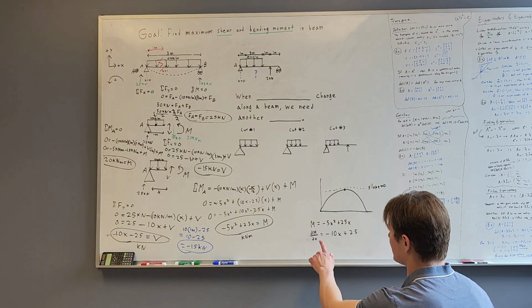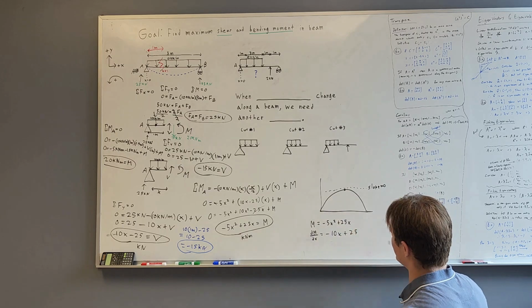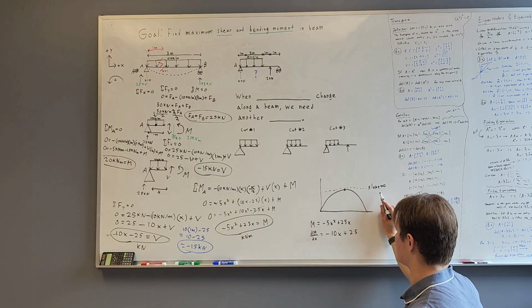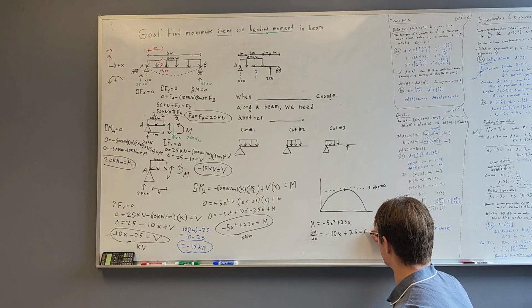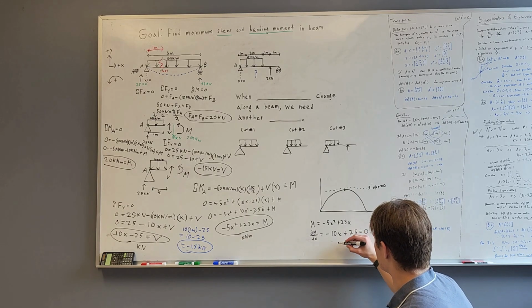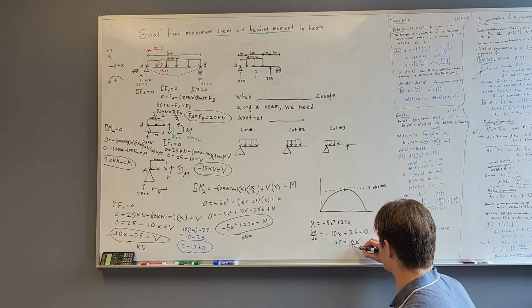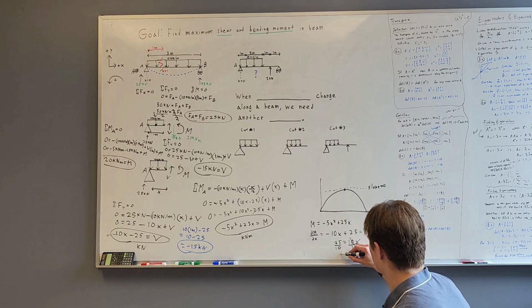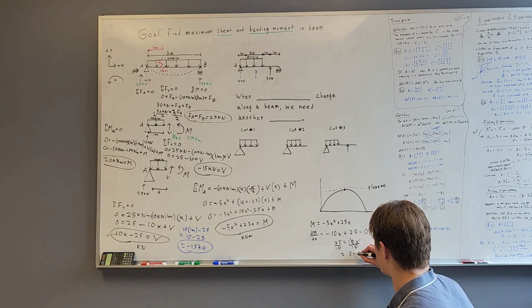And then let's set the derivative equal to 0, because we know at that maximum the derivative is equal to 0. And then we get 25 equals 10x, divided by 10, divided by 10. And then we get 2.5 meters is equal to x.